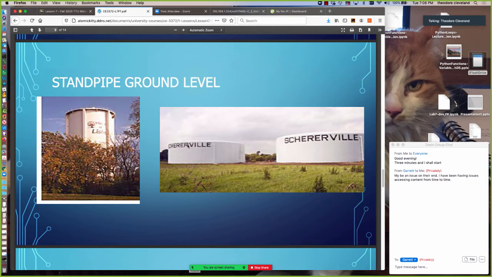Ground level tank, the opposite is true. These are still pretty high. You wouldn't want to fall off the top. It would cause broken bones, or possibly you would cease to exist. But they scale pretty easy, and these can be quite huge. Hundreds of feet in diameter.